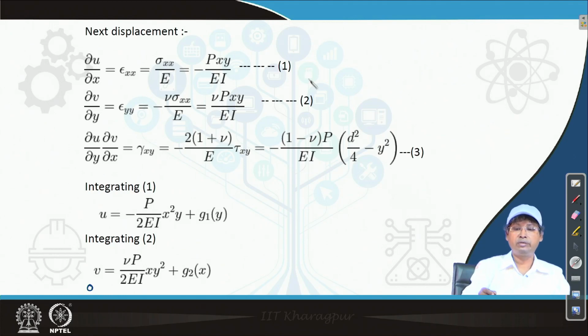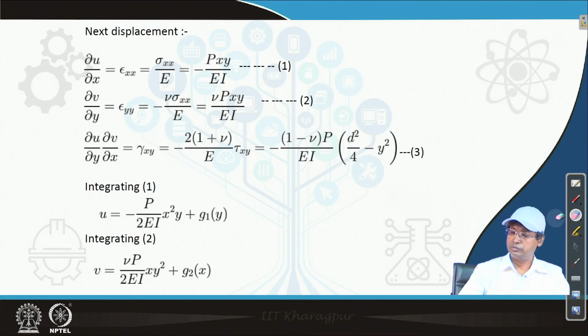Keeping in mind what we have, the strain expressions we put from the stress, we integrate that. Similarly, for f sub y we have this expression, and gamma x y we have this expression; we name these 1, 2, 3. If we integrate, there will be unknowns definitely. So, we get g 1 y, g 2 x.